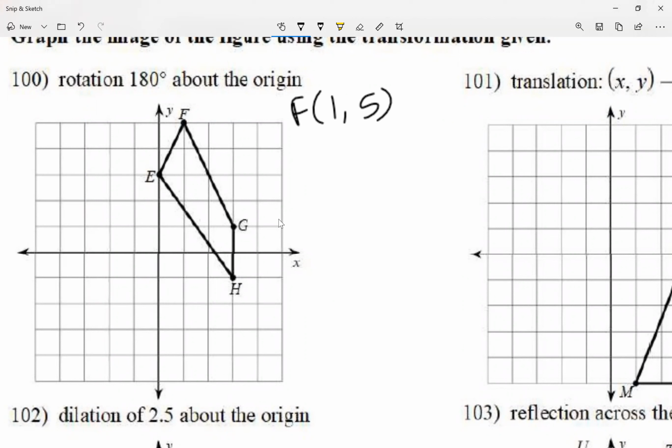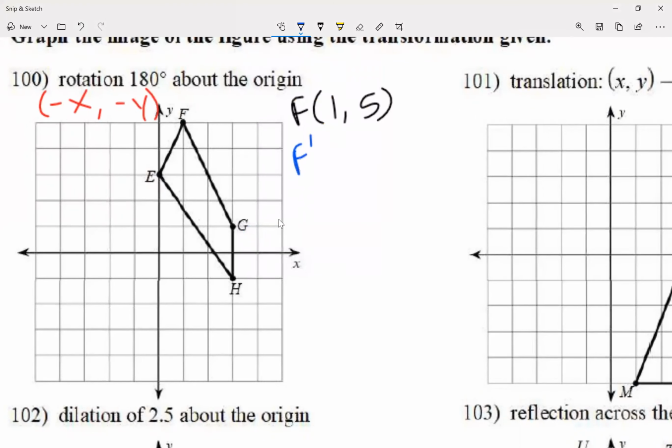It says X, Y become negative X, negative Y. Like I said, I'm getting this from my notes. Now, what does that mean? I'm just going to switch the signs. So if I want to know F prime, my coordinates are negative 1, negative 5.